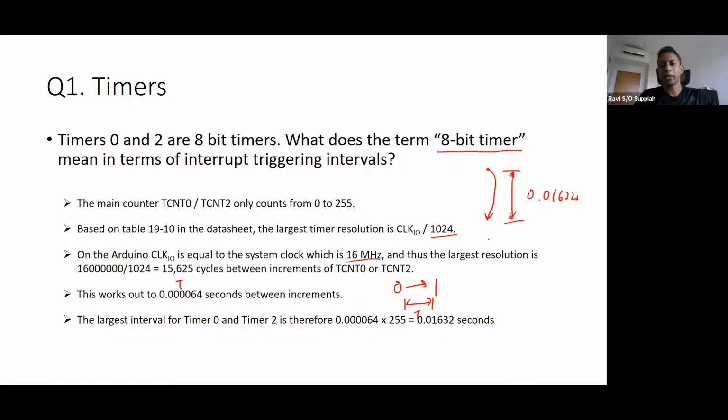Every time I jump to the interrupt service routine, I increment another count variable. That count variable will be a multiple of 0.016, and that can give me the desired interval. But I need to keep track of this shorter interval using this additional variable. So this is another technique you can use if you do not have a higher bit timer.